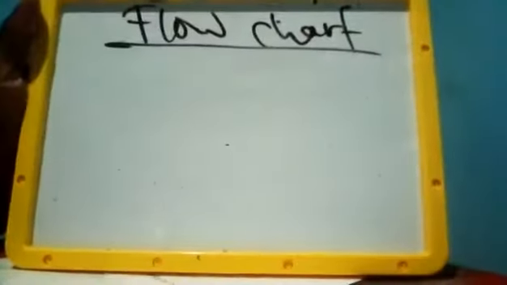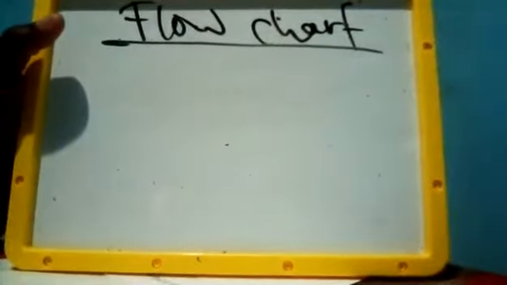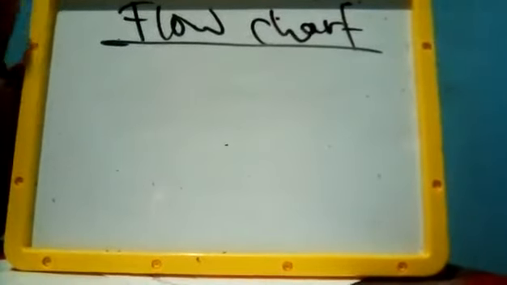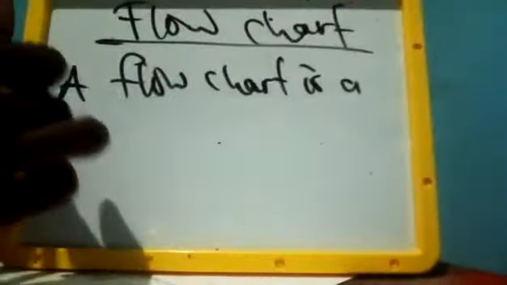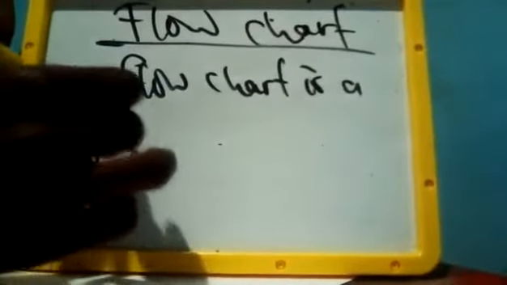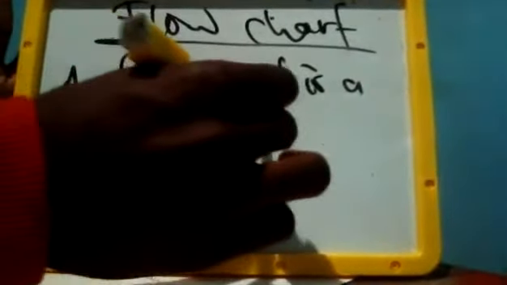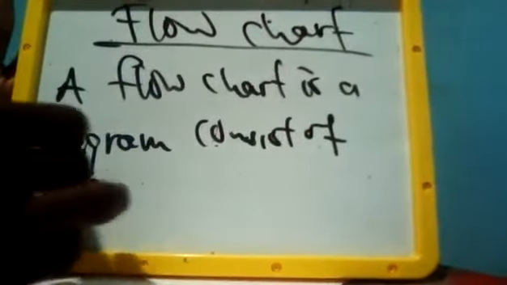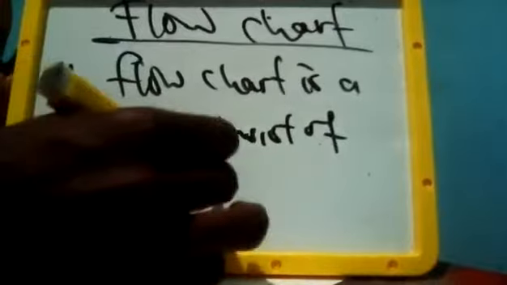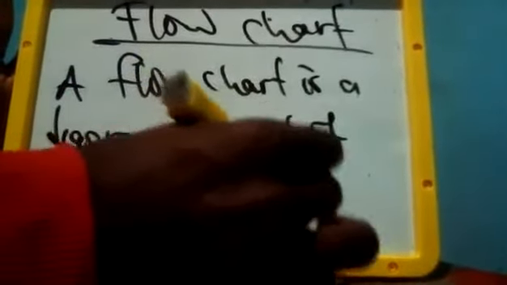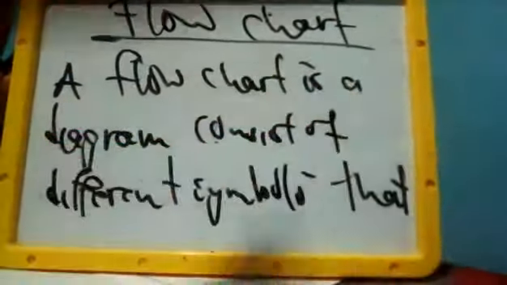So I'll write flowchart. We define a flowchart as a diagram that illustrates the logical steps of a computer program. We say a flowchart is a diagram that consists of different symbols that illustrate the logical steps of a computer program.